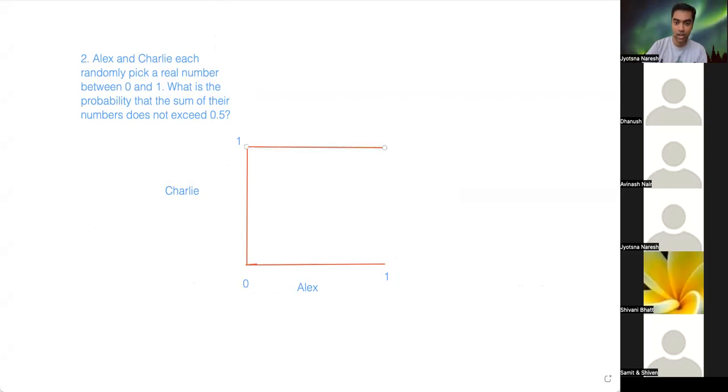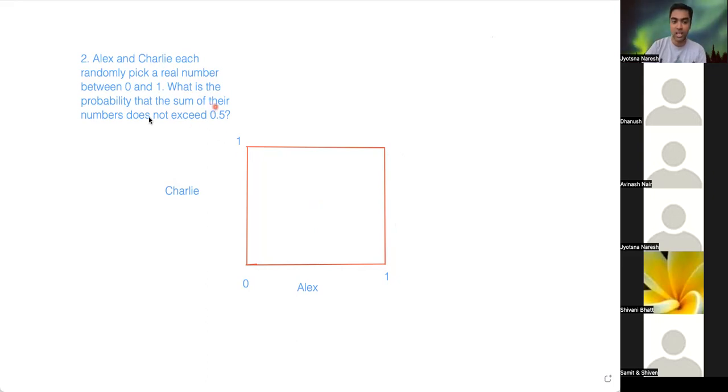So for instance, the point here would correspond to Alex and Charlie both choosing 1. This point would be Alex choosing 1, Charlie choosing 0. This would be Alex choosing 0.5, Charlie choosing 0.5, and so on.